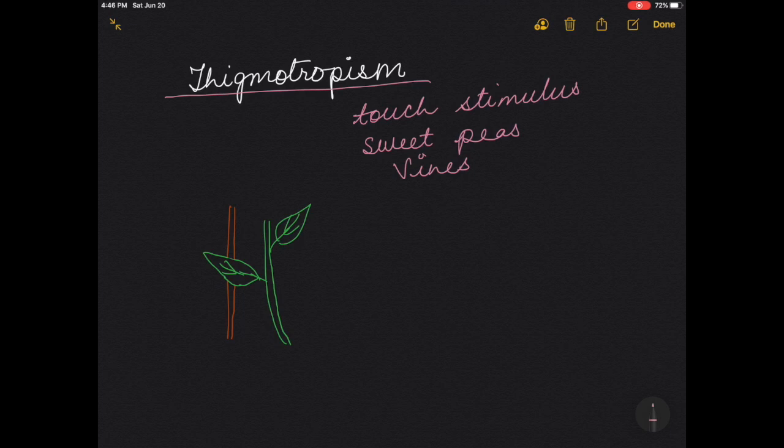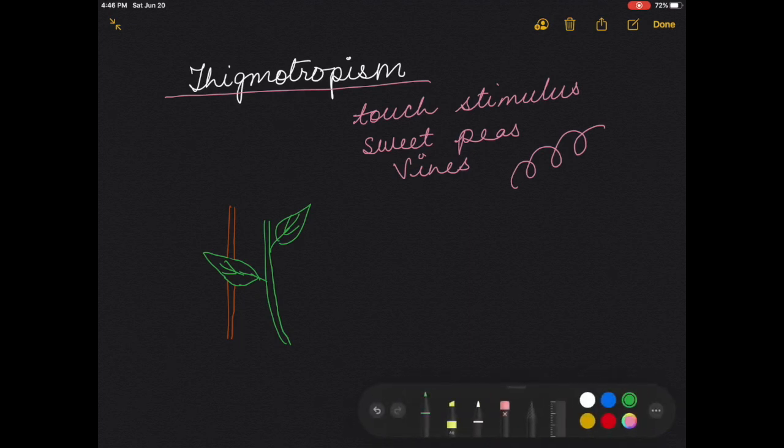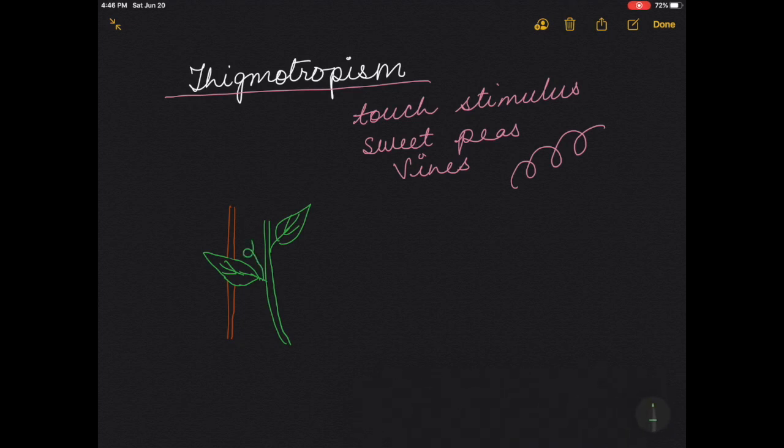They all have tendrils, which coil around other plants. When the tip touches the support, the stimulus is received by the tip of the tendril, and then it is transmitted to the base part of the tendril.